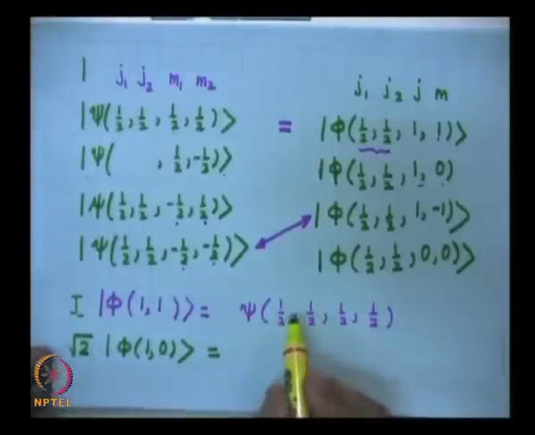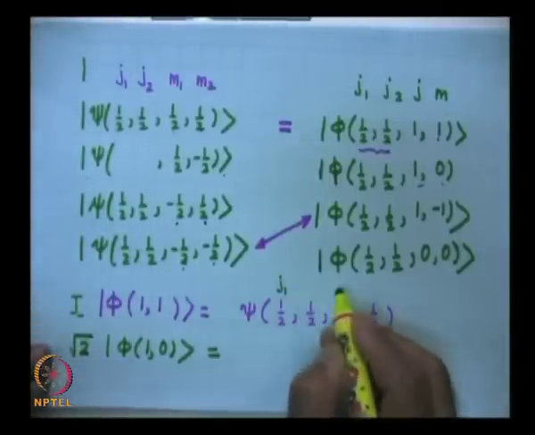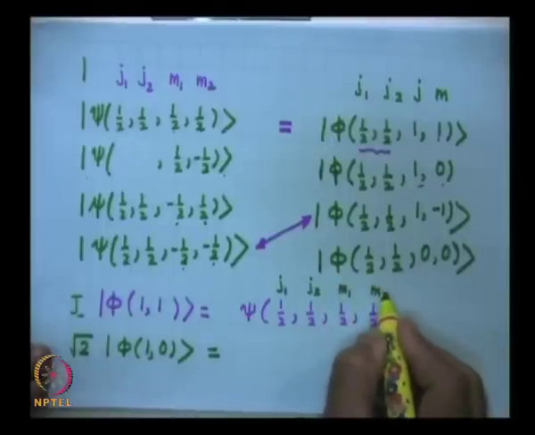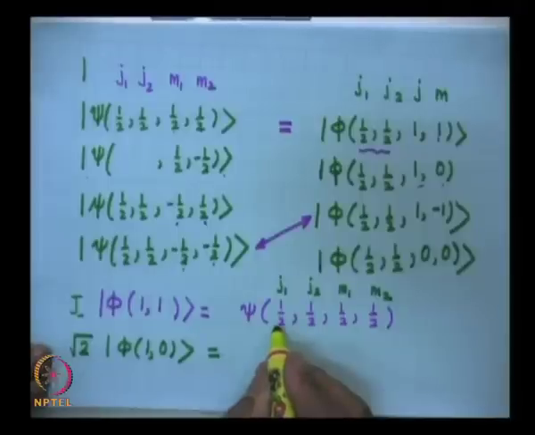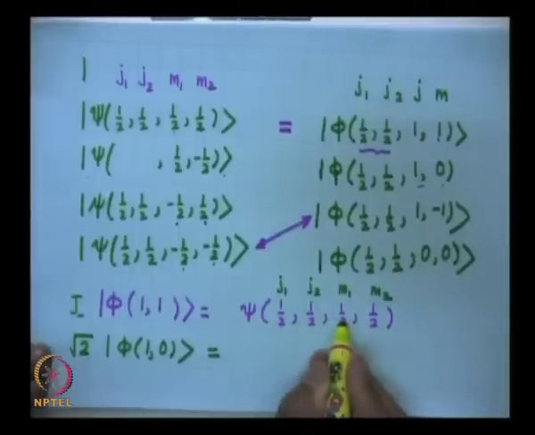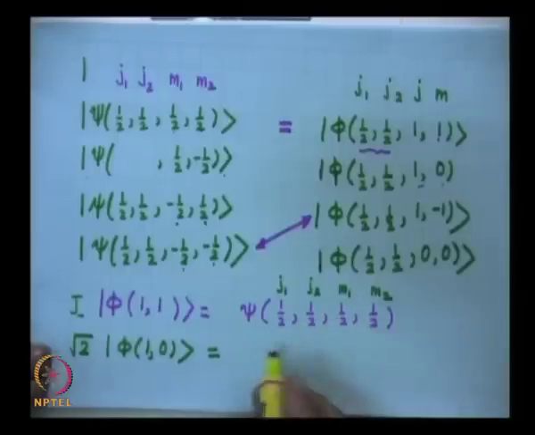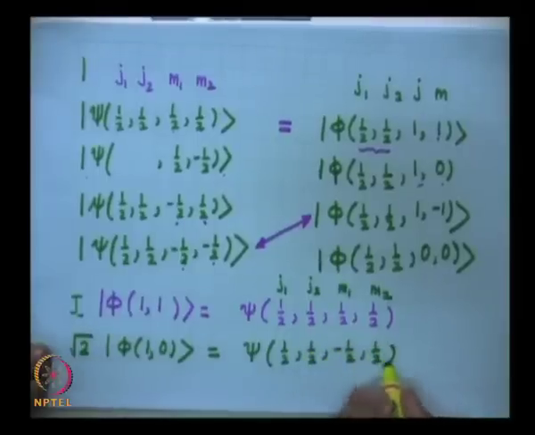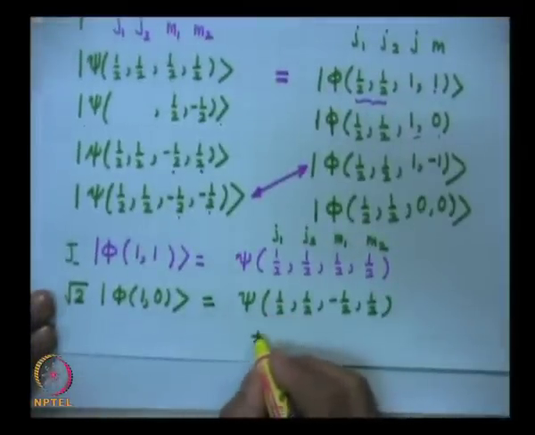So, if I operate, this is value of j 1, j 2, m 1, m 2, one has to do this very carefully, and you will find that when I operate this by j 1 minus, I have to worry about this. So, j plus m, half plus half is 1 and j minus m plus 1, half minus half plus 1. So, therefore, this becomes psi half minus half, and if you operate by j 2 minus, you also get this.